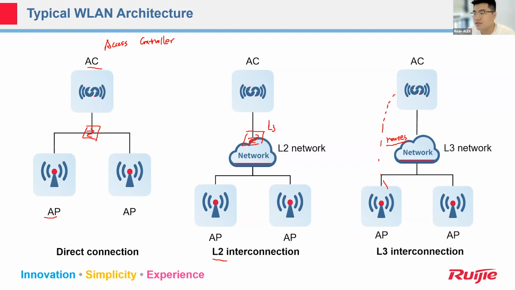It could be static routes in small networks, or dynamic routing protocols in large networks. So this is the typical WLAN architecture, and we have 3 types. In the lab of this course, what we use is the layer 3 interconnection, that is, the AP and AC are not in the same subnet.